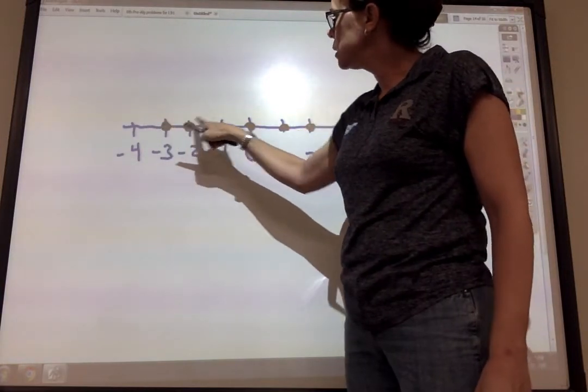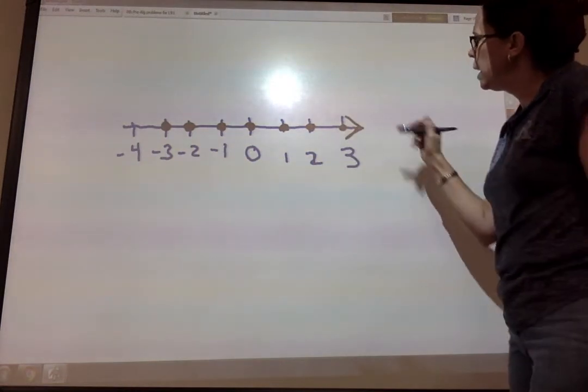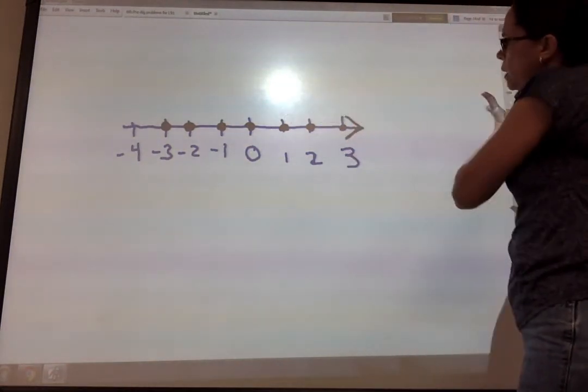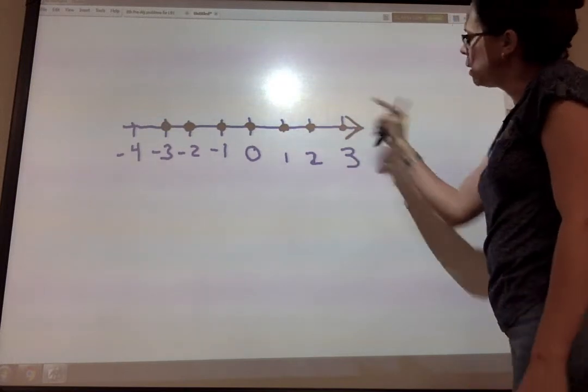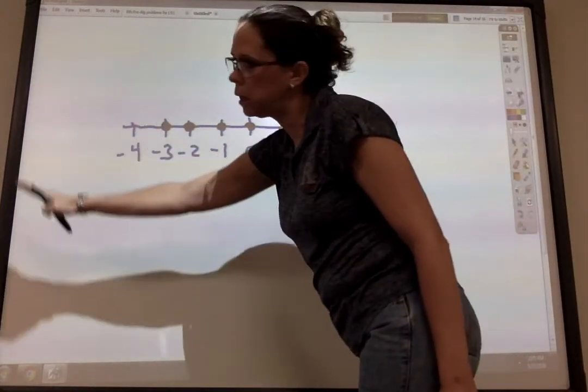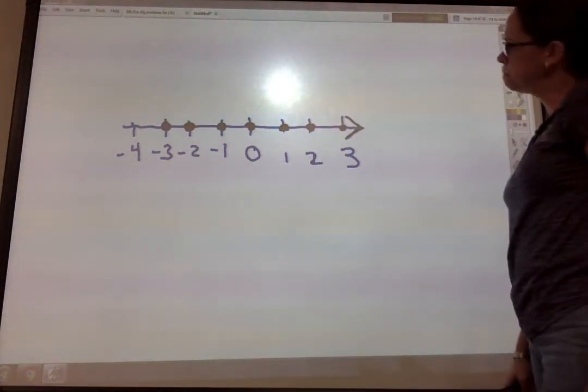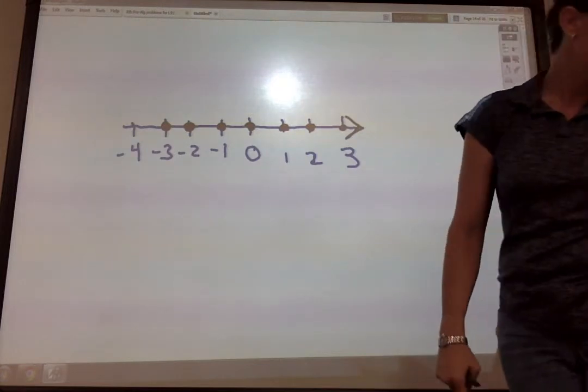Closed dot, dot, dot, dot, dot. Bigger than negative 3. And then to show that it continues going this way, I put an arrow on this end of my number line. I can't put an arrow on that end because I'm not going to include those that are smaller than negative 3. Okay? So this is what your graph should look like on number 22.